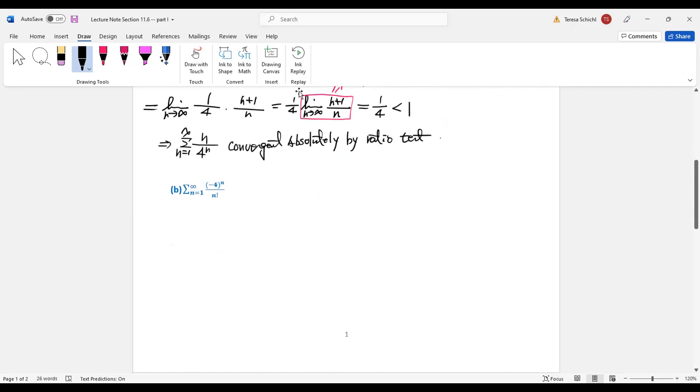The second one is the alternating series. Like we said here, let's try the ratio test.